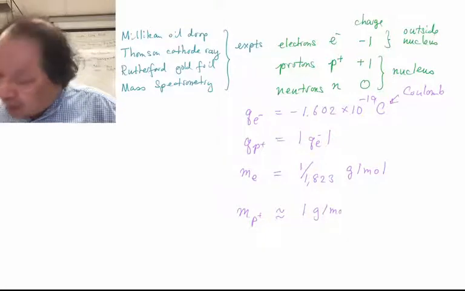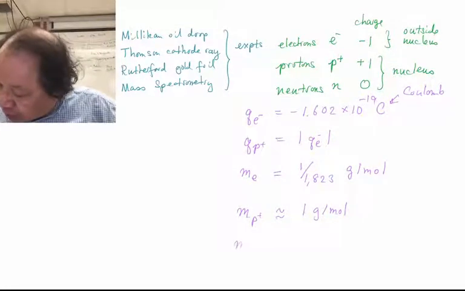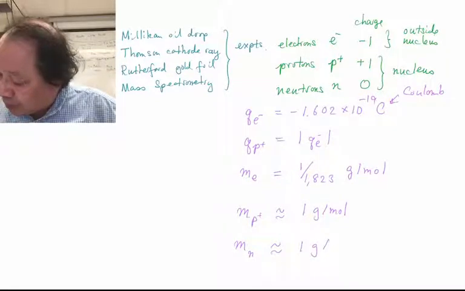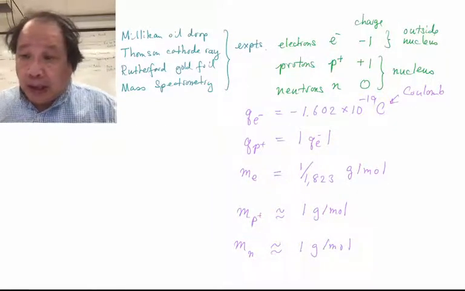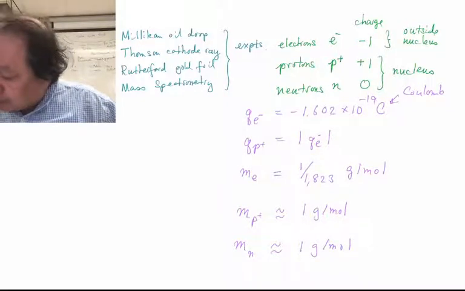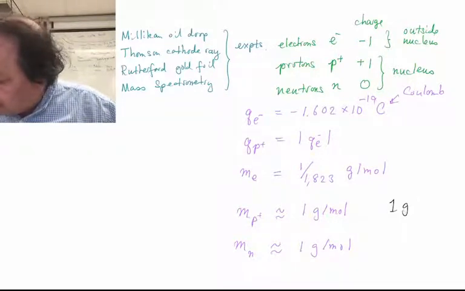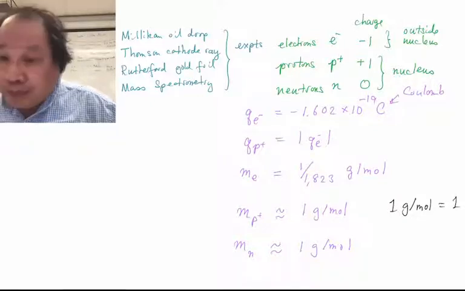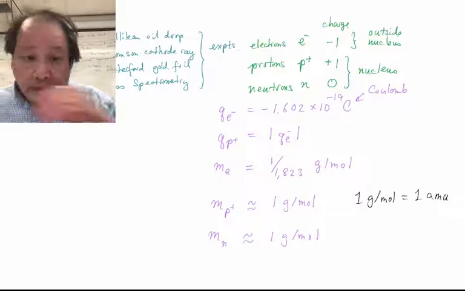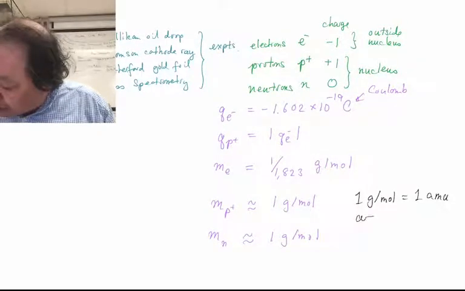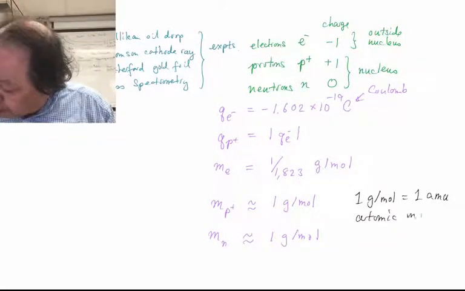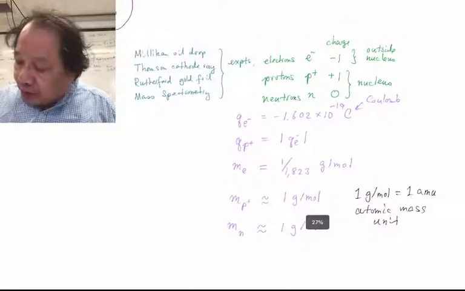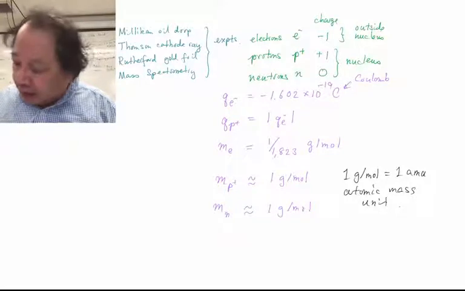The masses can vary slightly. And the unit, 1 gram per mole, is referred to as 1 AMU. AMU stands for atomic mass unit. Okay, so this is what we learned last time.